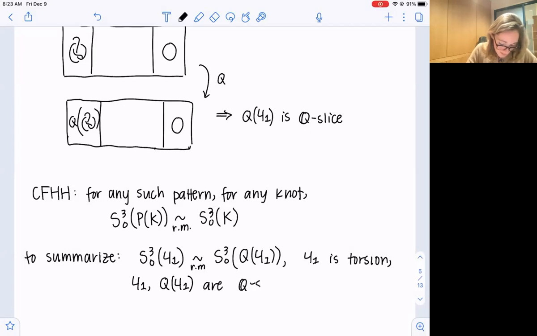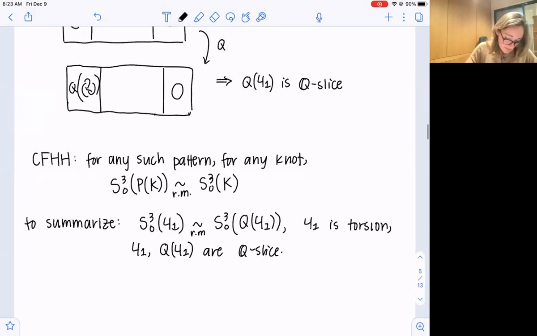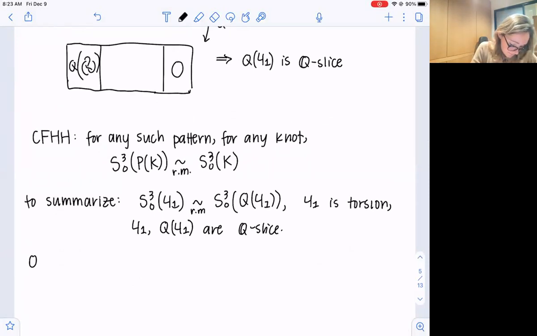And so the question that remains is, are these knots smoothly concordant?